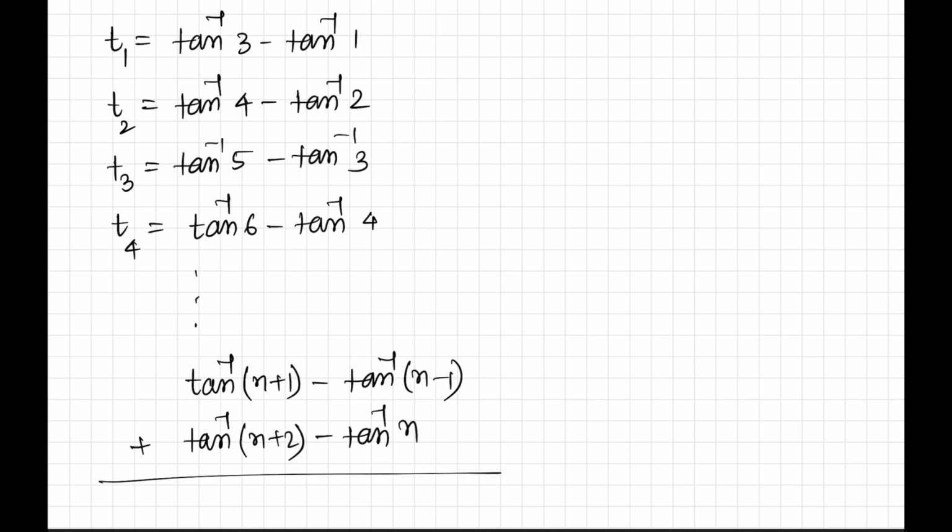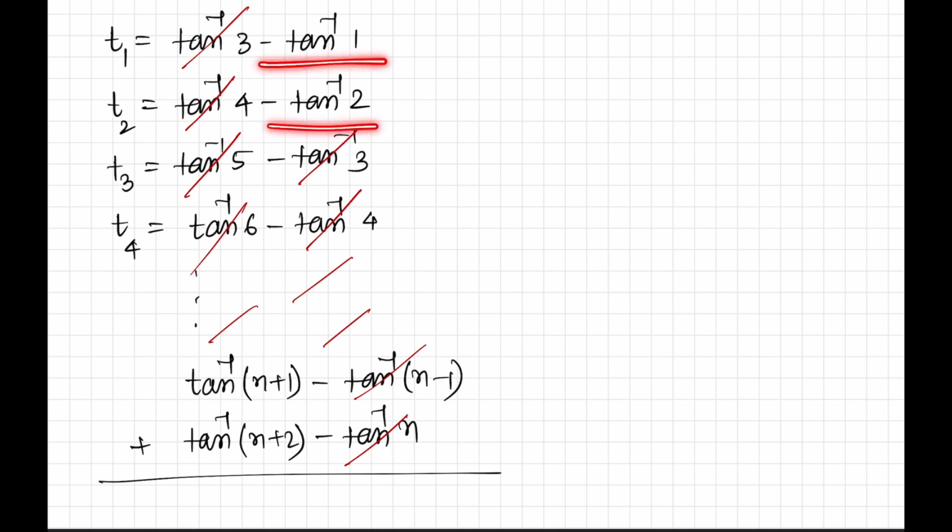So if we add all these terms, you can very well see that we can cancel out tan inverse 3. Then we can also cancel out tan inverse 4. And similarly, these terms will get cancelled out. And here also, these terms will get cancelled out in a similar manner. So we will be left with minus tan inverse 1 minus tan inverse 2.